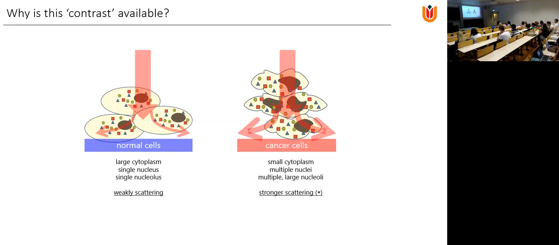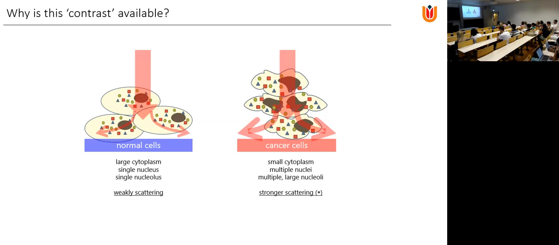And that goes for other organelles as well. The reason for this basically is that the cancer cell is really impatient. It wants to divide, it wants to spread, it wants to progress. So it basically pays very little attention to its proper growth, so that it gets kind of messy. So these changes do occur.